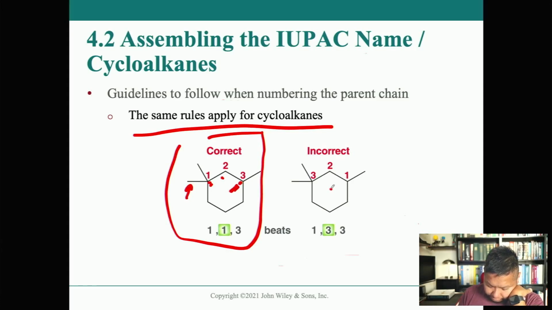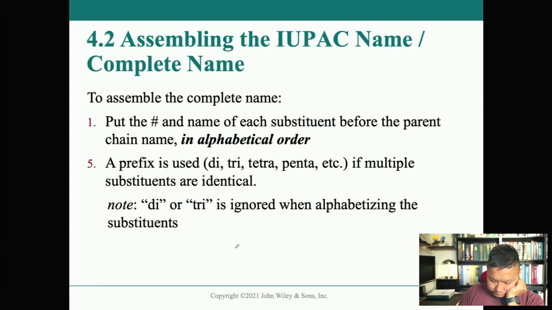Here, the first carbon has 1 substituent, and the third carbon has 2 substituents. So 1 in the middle here beats 3, right? So 1,1,3. Good stuff. Whew. Naming just wears you out, doesn't it?